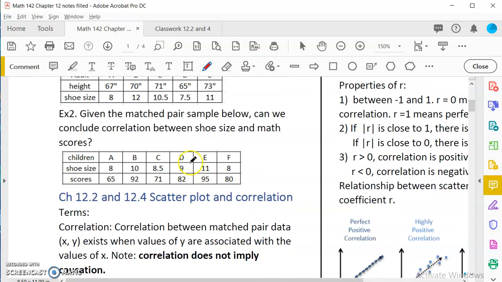The other one that we collect is children's shoe size and their test score. Common sense tells us that there should be no correlation, right? Whatever size shoes you wear should not affect your score. But is there? When we look at the data, the low shoe sizes correspond to lower test scores, and this really high number as well as the 10 and 11 seem to be higher.